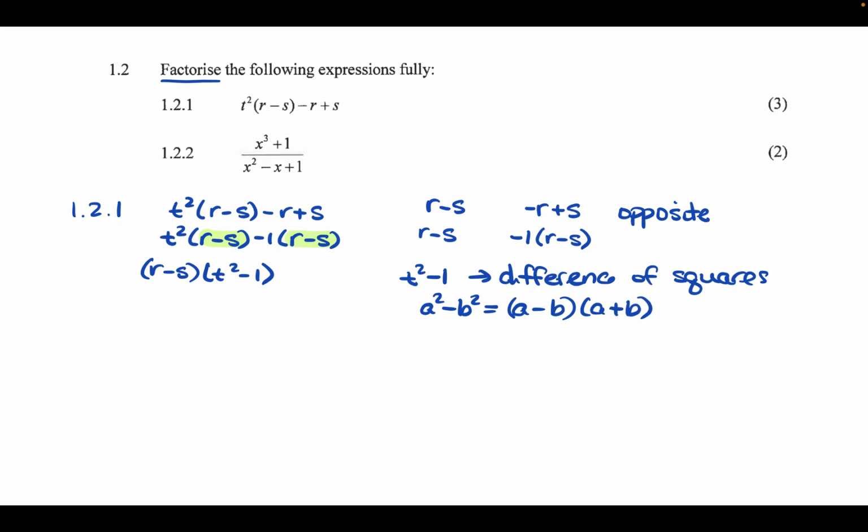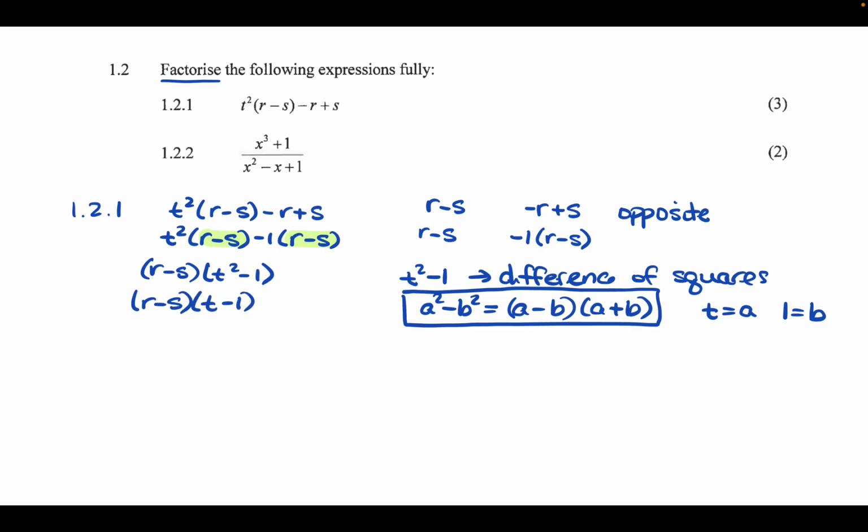You can check that by multiplying it out, but this is worth learning and recognizing. So in this case, we would have t equal to a and 1 equal to b. And so we can factorize t squared minus 1 into t minus 1 and t plus 1. And that is fully factored.